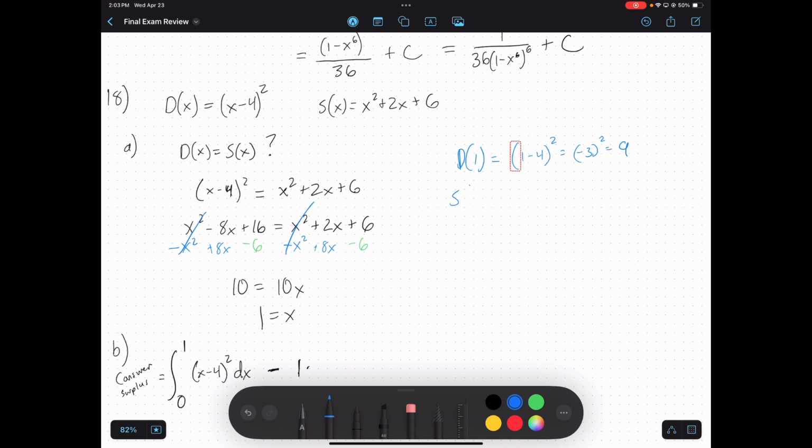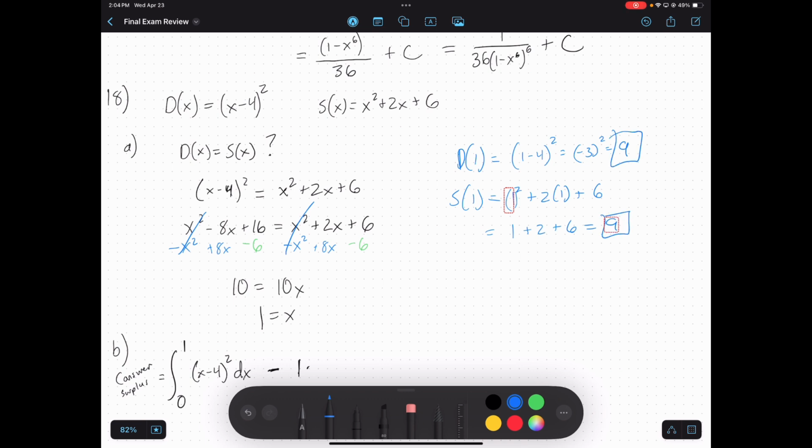If I plug it into my supplier demand equation, I get 1 squared plus 2 times 1 plus 6. And I'm left with 1 plus 2 plus 6, which is 9. So you get the same thing either way. And that's the price that I'm selling at.